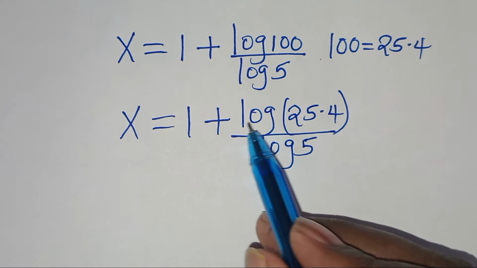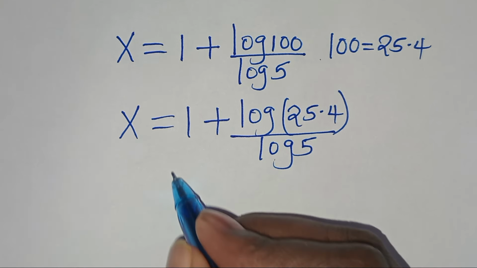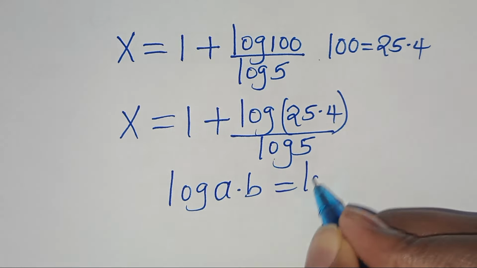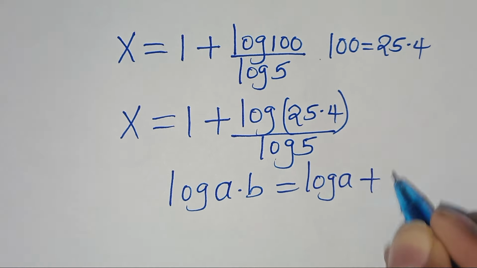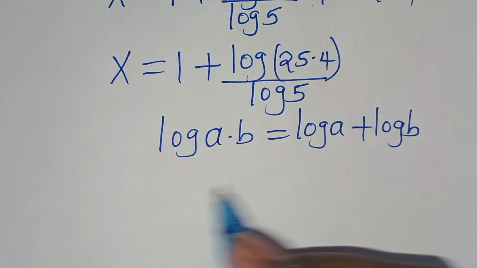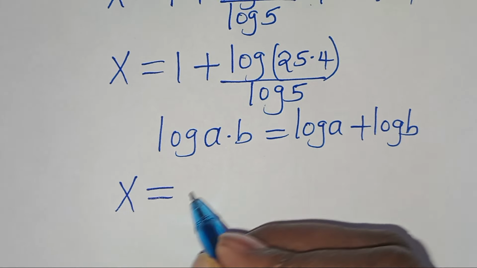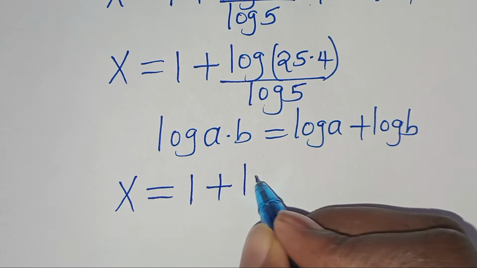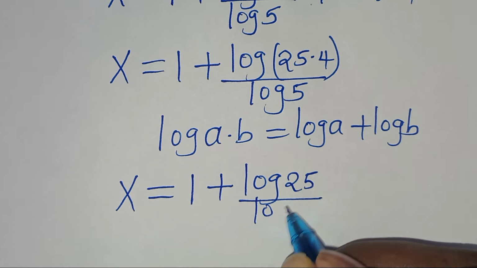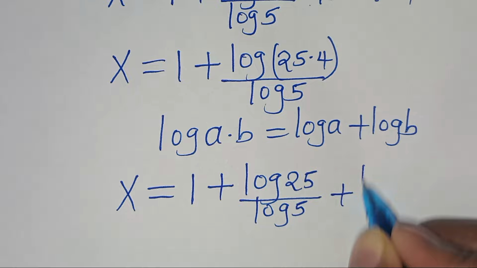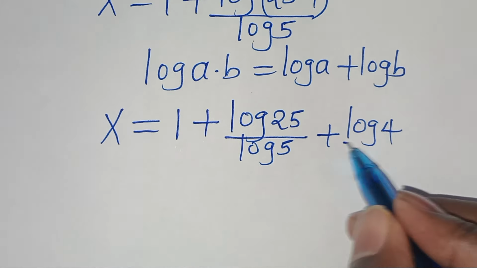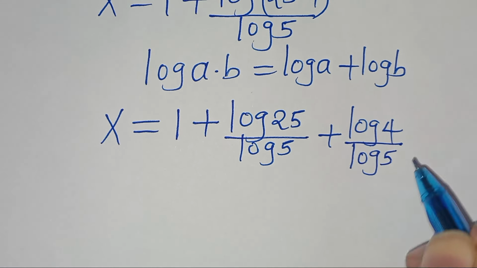The next step is that log 25 times 4 again is in the form of log a times b, which we can express as log a plus log b. Applying this logarithm property, then we have x is equal to 1 plus log 25 divided by log 5, plus log 4 divided by log 5.